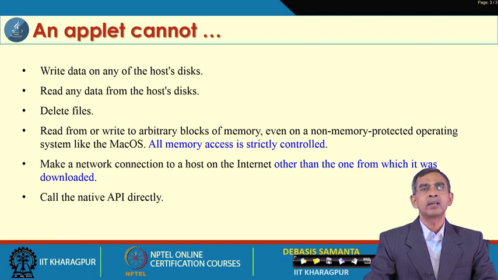That means it cannot establish a connection of its own, and it also cannot call the native API directly. If you develop your own API, it cannot use these. Whatever methods are declared in the abstract Applet class, you can use, and if you extend, then through extends only it can access those methods. Otherwise, the native API cannot be utilized in an applet, whereas core programming or AWT programming can.